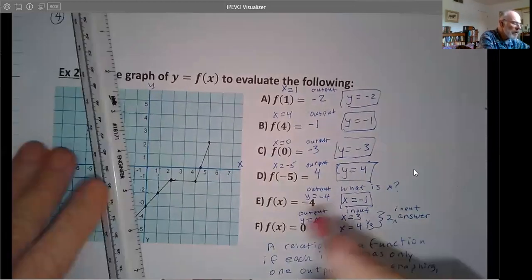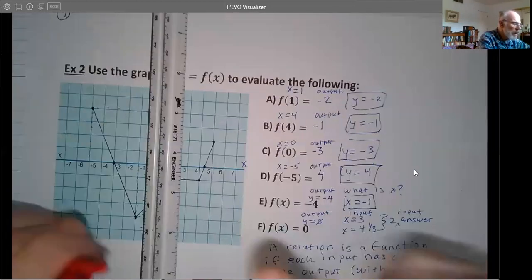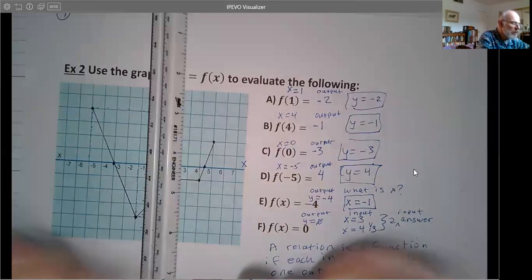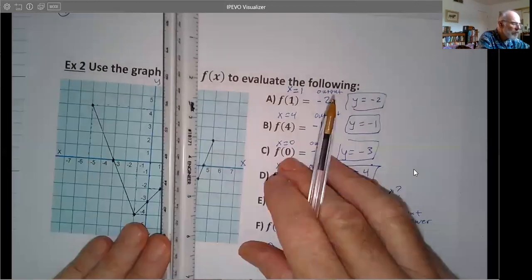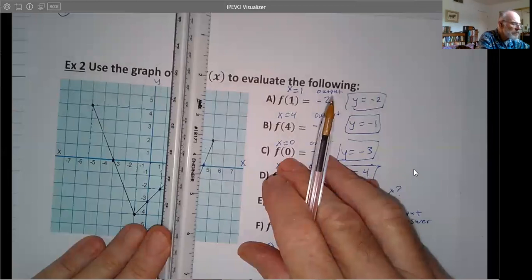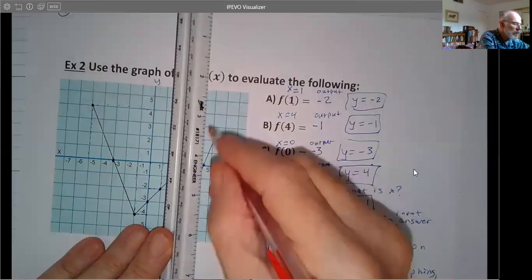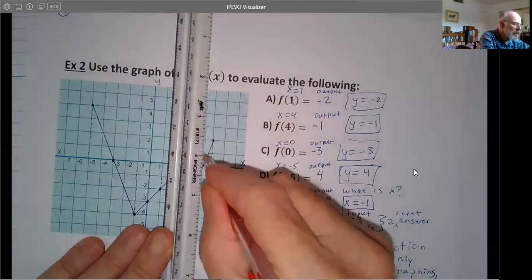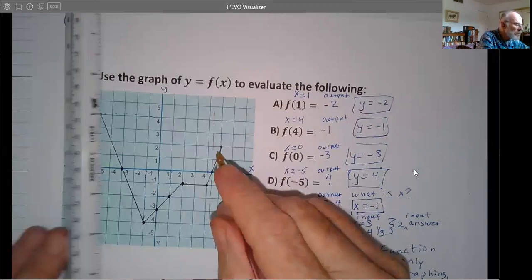Let's look at the -3 and 4 1/3. So that's right here. And then this one's the other one.